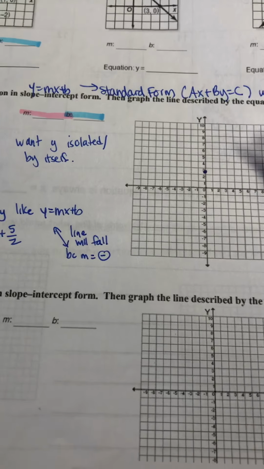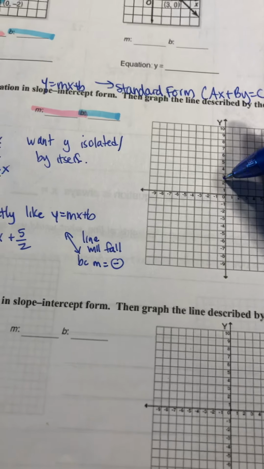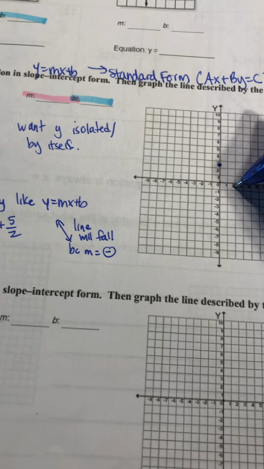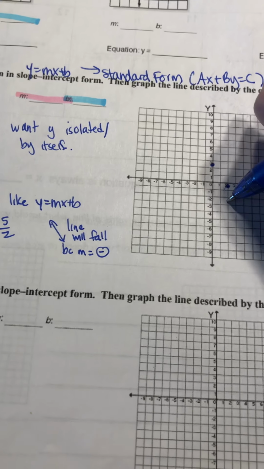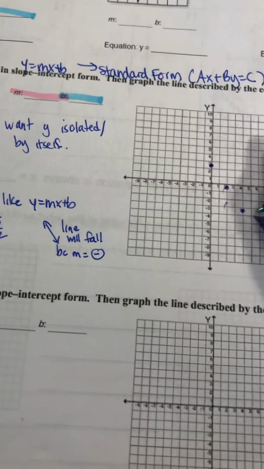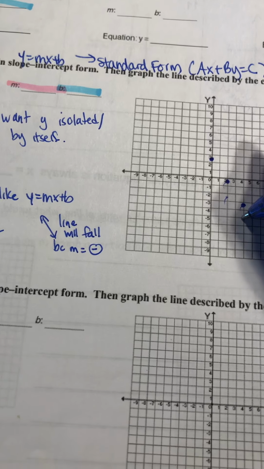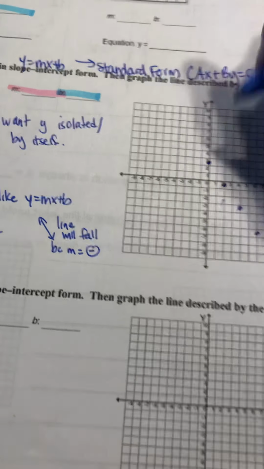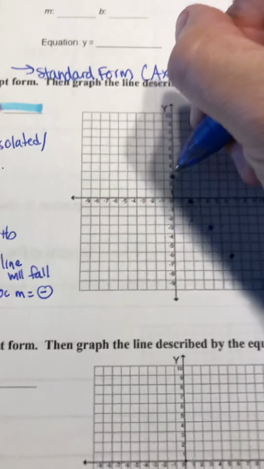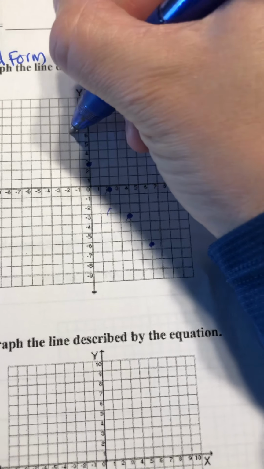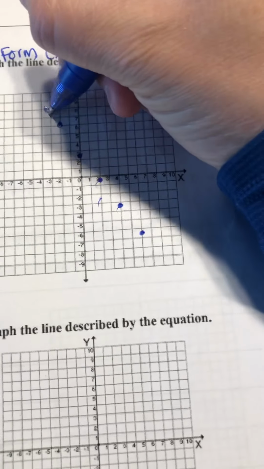I'm going to go down 3, over 2. Again, down 3, over 2. Up 3. There we go.